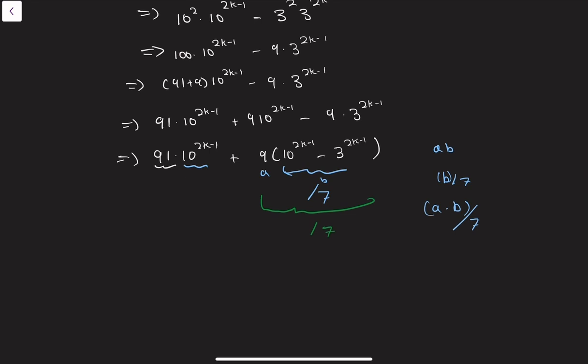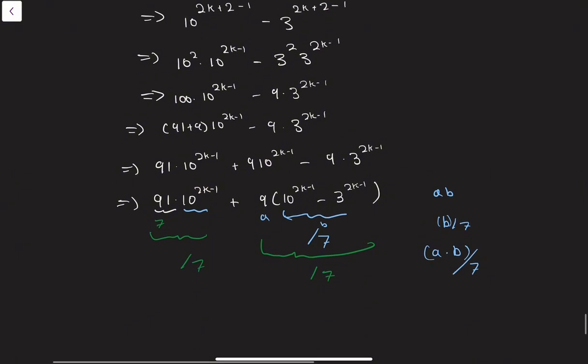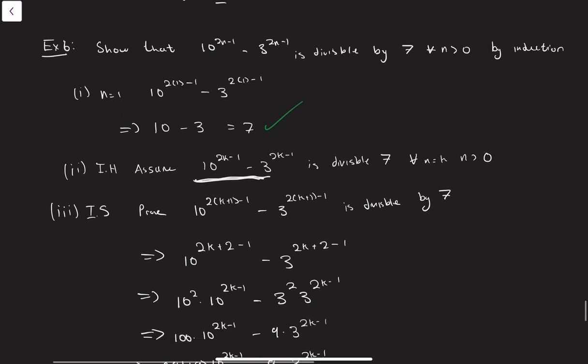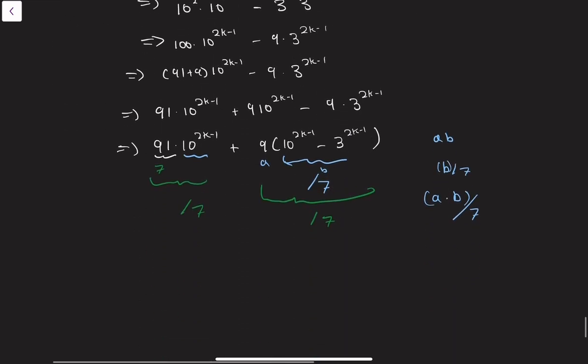Since this is divisible by 7, this entire term is divisible by 7, and we're done. That's it. And the main reason why we're able to prove this is because we used this assumption, the induction hypothesis. Since this term is divisible by 7, we assumed that, then we could say that this is divisible by 7. And that's how we're able to prove things with induction.